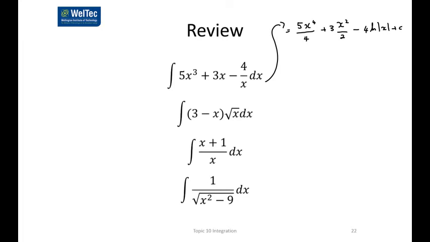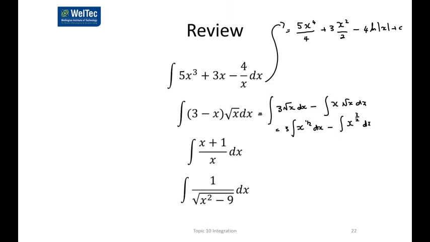Second one, looks a bit tricky. Why don't we multiply it out first, and then we can integrate after that. So we could integrate it and split it into 2 terms. It would be 3 times root x minus the integral of x root x, which would be 3 times the integral of x to the half minus the integral of x to the 3 over 2, at which stage it becomes quite straightforward.